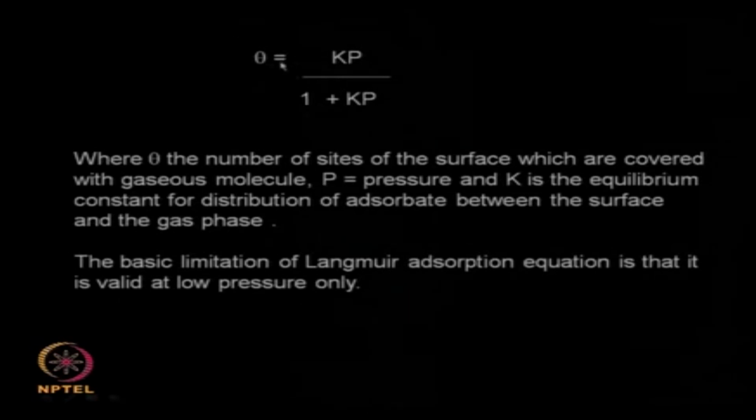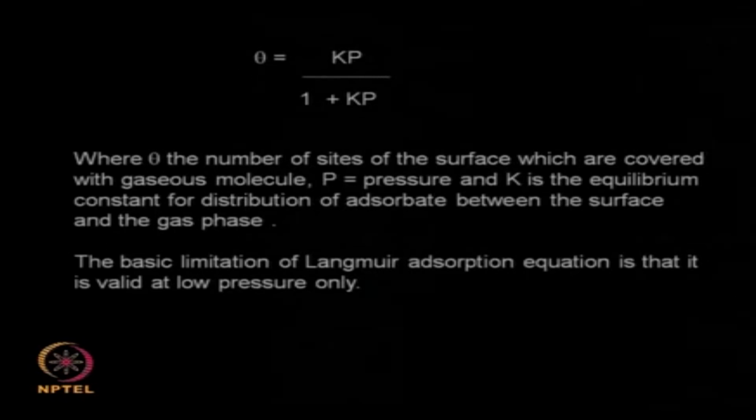You have theta equal to Kp divided by 1 plus Kp, where theta is the number of sites of the surface which are covered with gaseous molecule, P is your pressure, and K is the equilibrium constant, that is the equilibrium constant of distribution of adsorbate between the surface and the gas phase. So this K determines the partition of the amount of gas in the adsorbed phase and the gas phase.